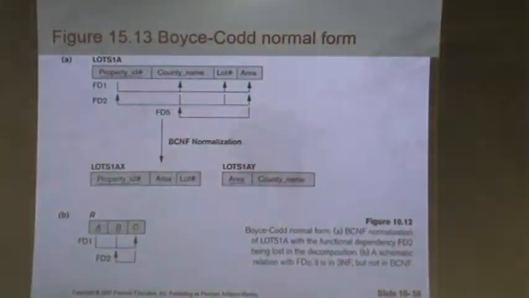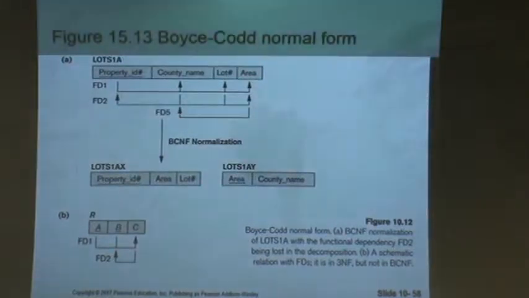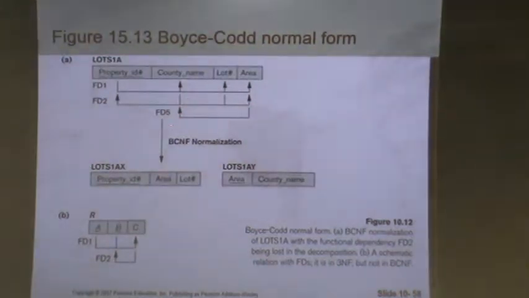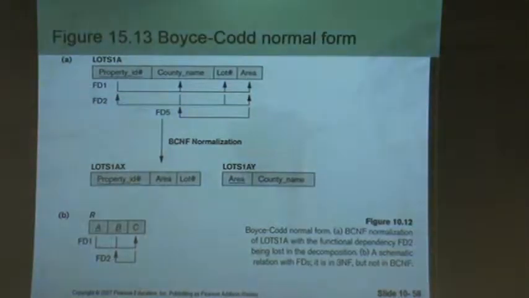So we will imagine one more functional dependency. Suppose that area determines country name. That makes sense, like East Asia, Middle East, Europe, North America. It's area. So area determines country name. Is this the third normal form or not?